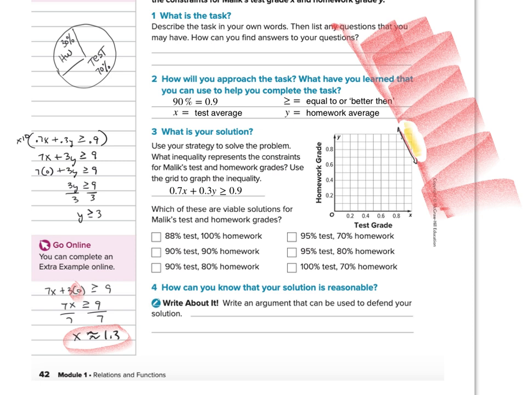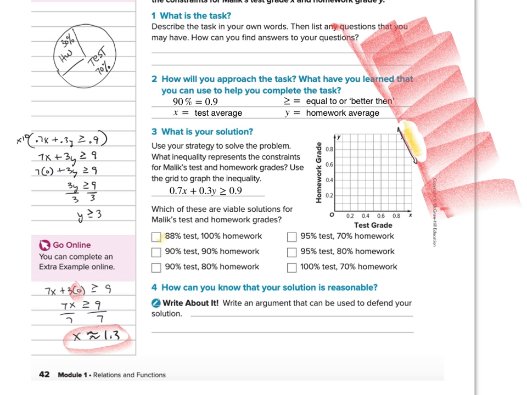Okay, and then which test grades? Let's see here. So if I wanted to look here at an 88% test grade and a homework grade of 100%, that is probably going to work. It seems very close here.